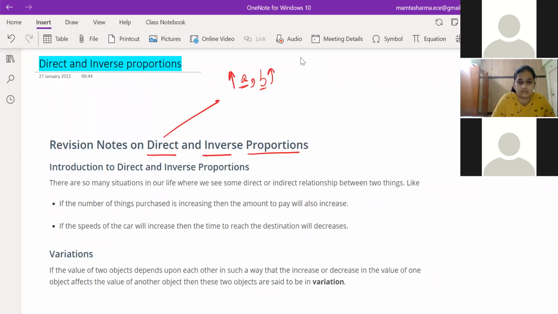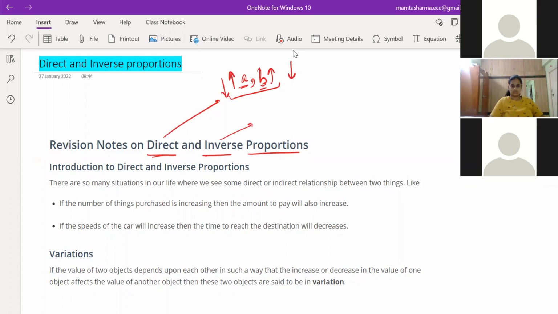Or you can say if B increases, A will increase. So the increment will occur at the same time. If one decreases, the other will also decrease. So this is direct, they are connected directly. If one is increasing, the other will also increase. If one is decreasing, the other will also decrease.